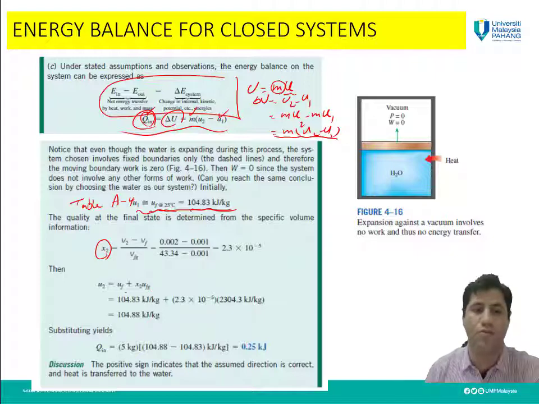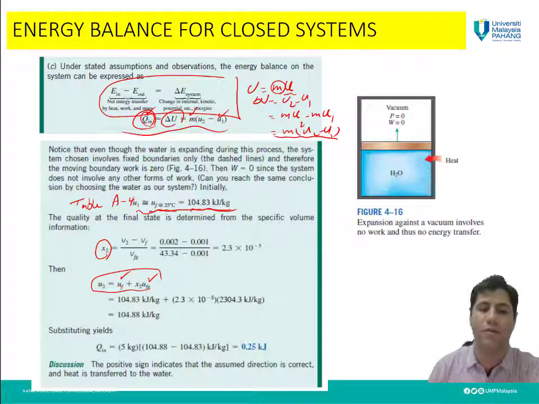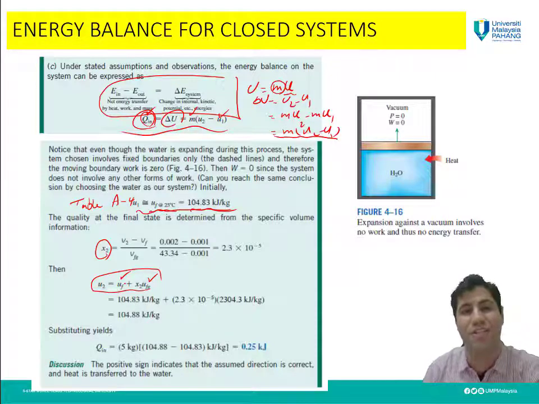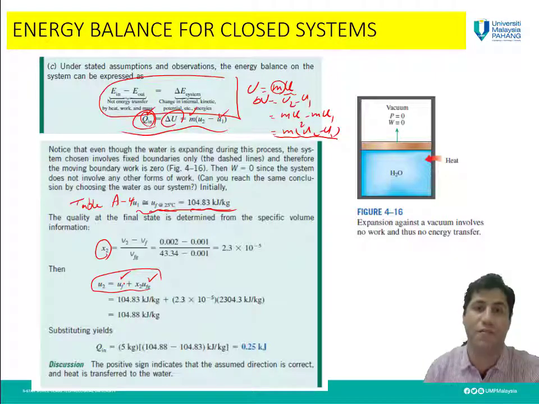Actually, the equation we need to use is this one: U2 is equal to Uf plus x2 Ufg. Uf and Ufg are the internal energy for saturated water at 25 degrees Celsius, and Ufg is the internal energy for the saturated mixture actually.